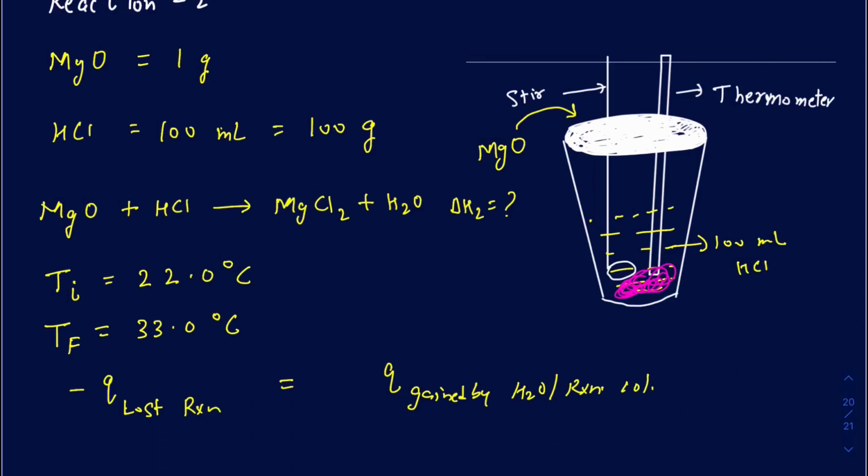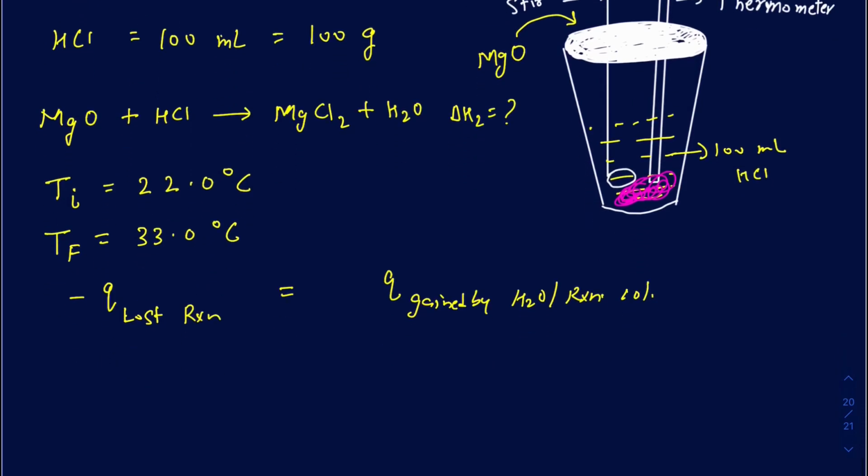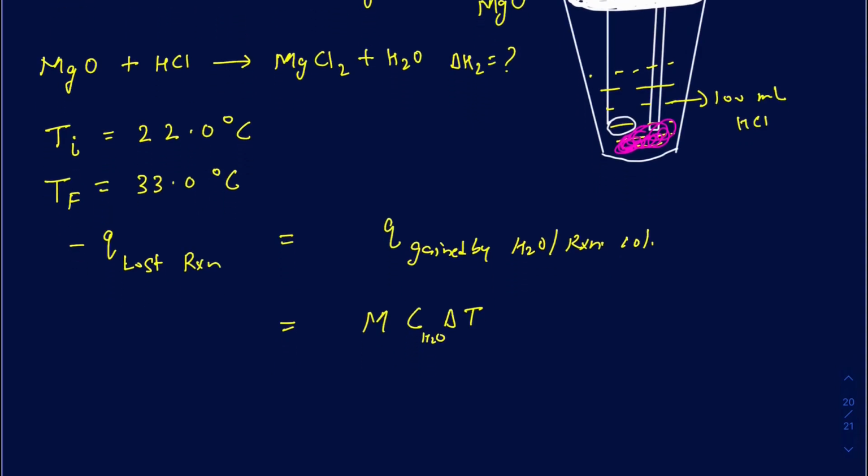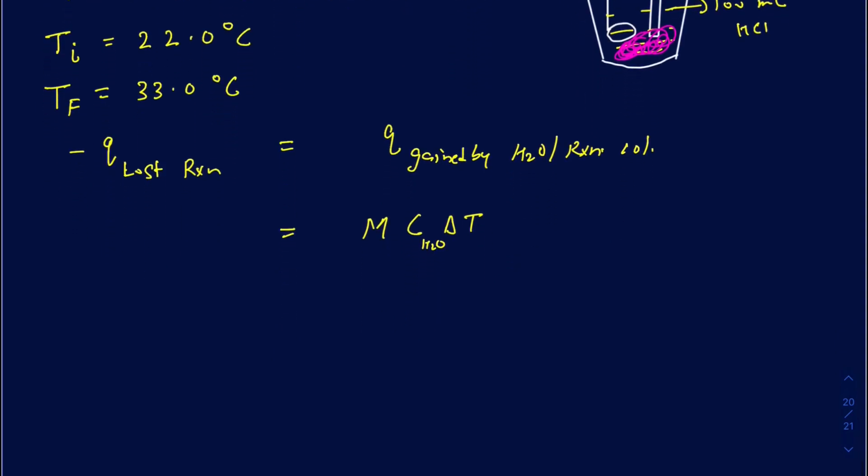And I'm going to ignore the calorimeter here because, as we said earlier, we're going to assume it's a perfect insulator where there's no transfer of the heat onto the cup and onto the surroundings. So it's going to be the mass of the solution times the specific heat capacity of the solution times the delta T. Okay, so the specific heat capacity, we're going to take as just the specific heat capacity of water.